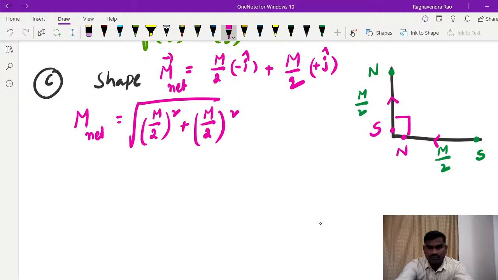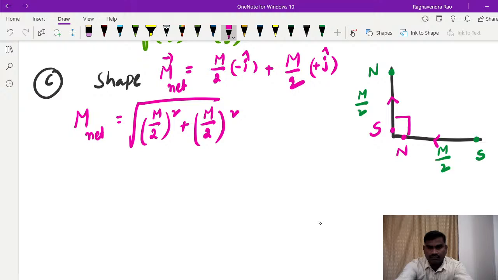The angle is 90 degrees, so the 2F1F2 cos theta term will be equal to 0, then we can take it directly like this.